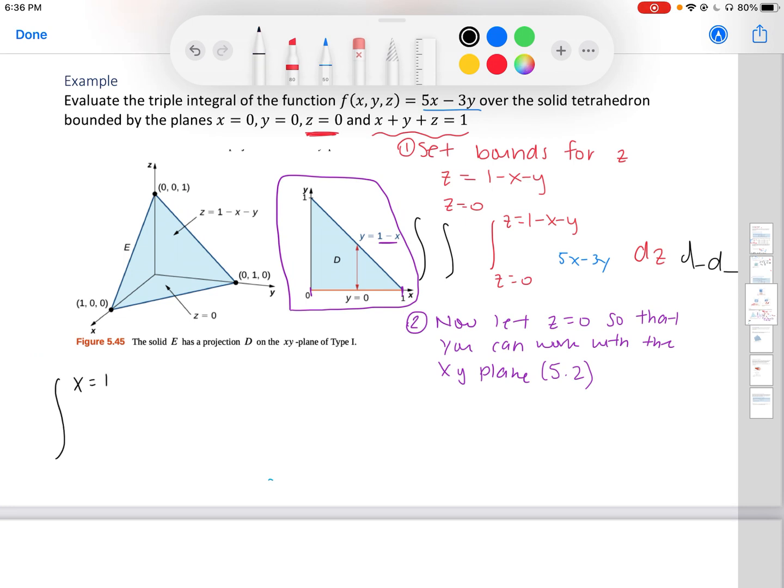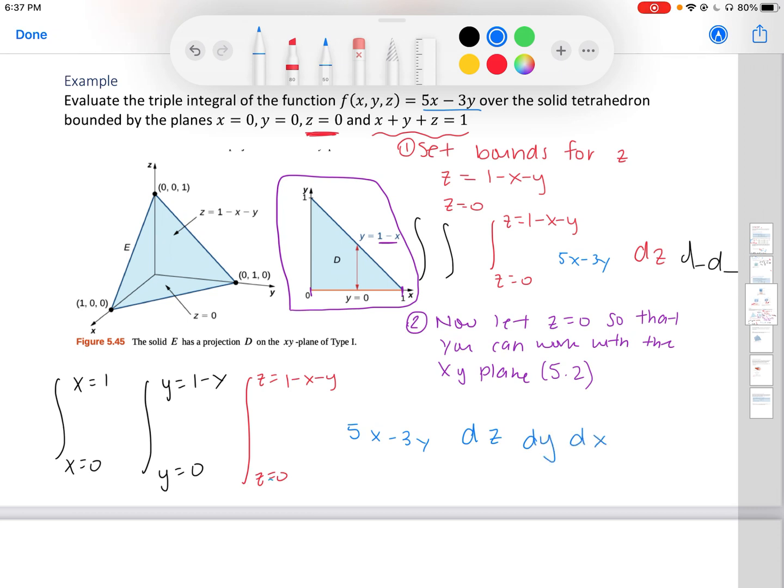So my x are from 1 to 0, and then we get y, 1 minus x to 0, and we set up our z integral, which was z is 1 minus x minus y to 0. And of course, we're given that function, 5x minus 3y. And lastly, you want to make sure you line them up. So I have dz, and then dy, and then dx.